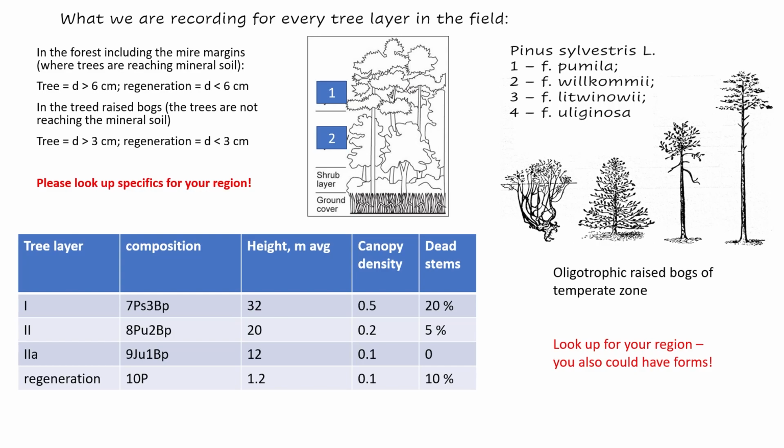Also, in the oligotrophic raised bogs of the temperate zone, we have specific forms of pine tree, Pinus sylvestris. This is the same Pinus sylvestris which is growing on the uplands, the same genetics.